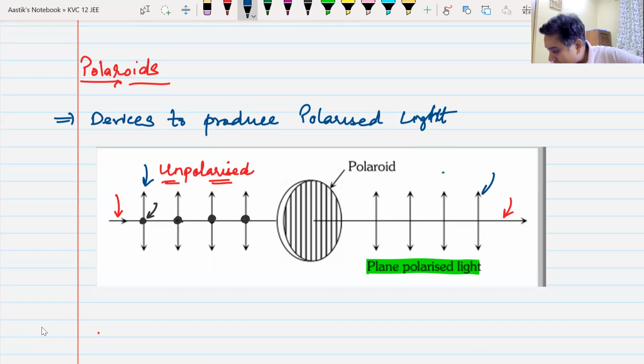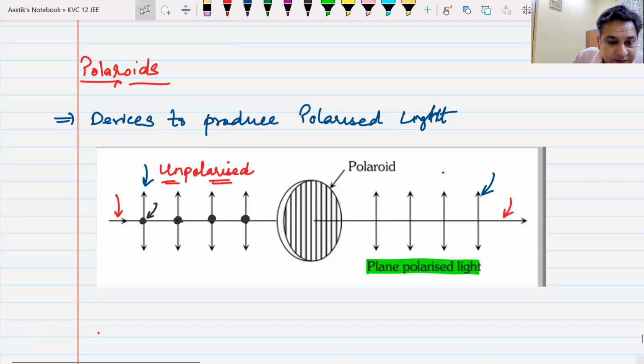There is only oscillation along the y-axis, and the oscillation along the z-axis has been cancelled. Do we see this? Do we understand this? Yes, sir.